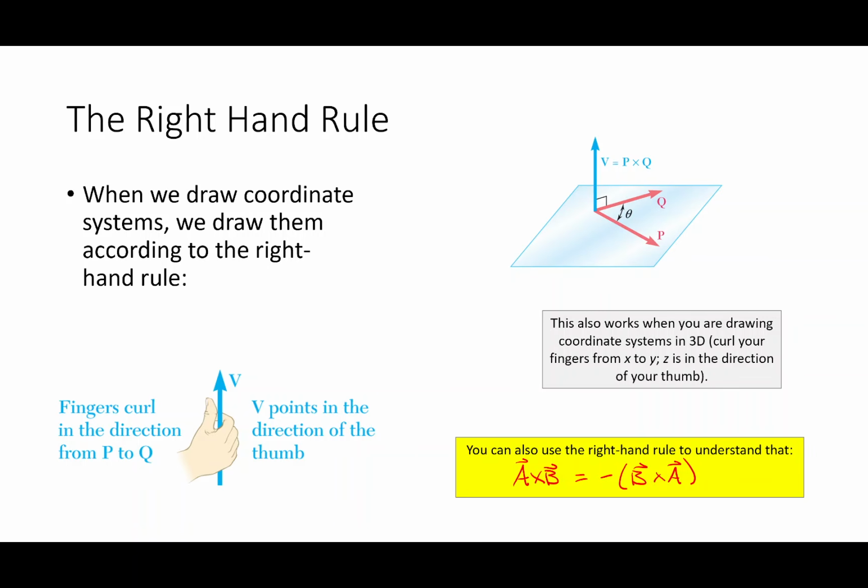Here's one that's worth mentioning. What's i cross i going to be? 1. Well, let's think about that. What is the area of the parallelogram between i and i? 0. There is none.